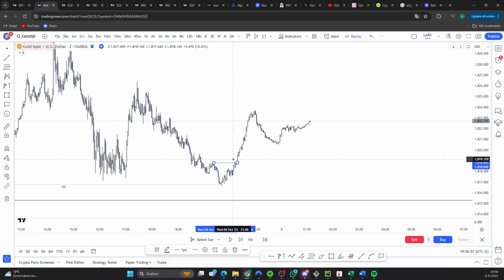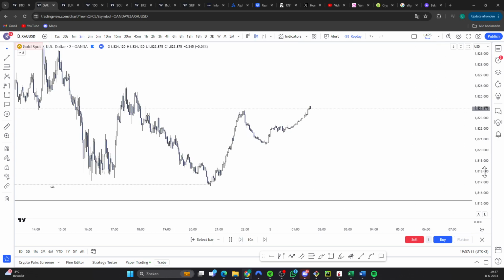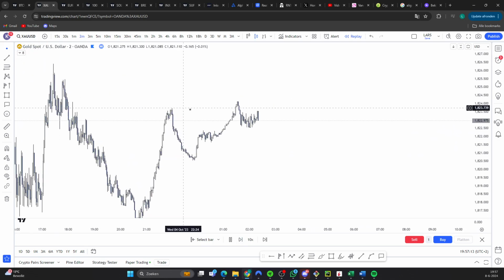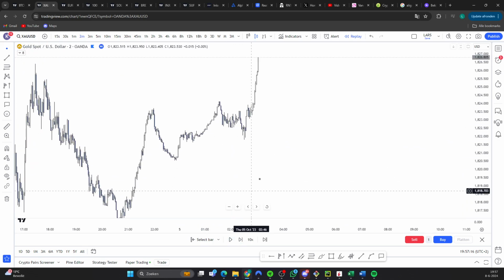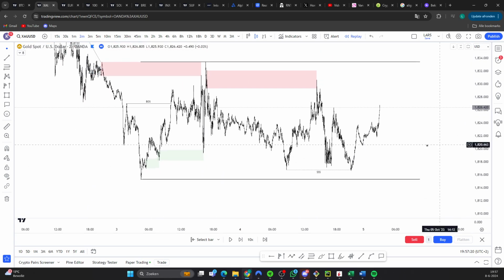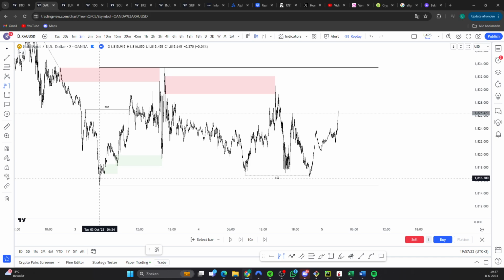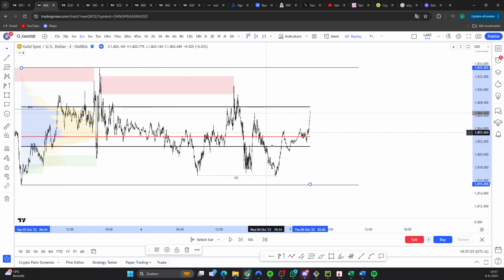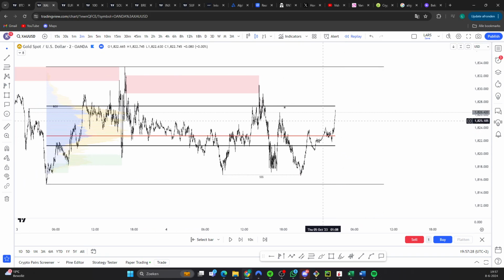I didn't long on this break simply because it isn't an entry model for me. They get the acceptance back inside, squeezed higher for the liquidity.